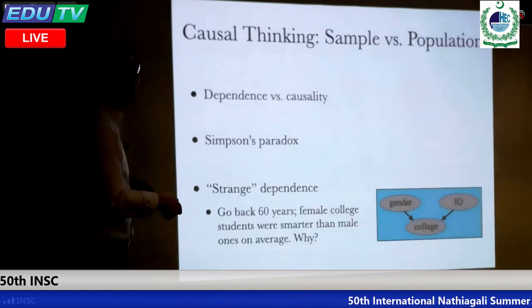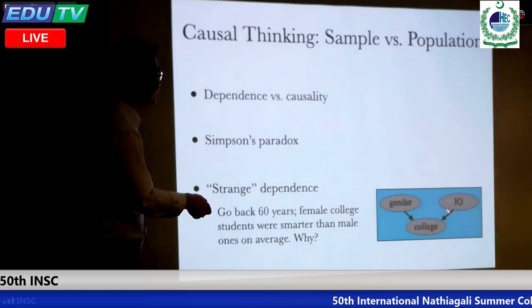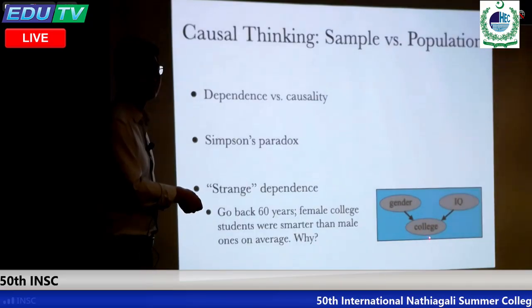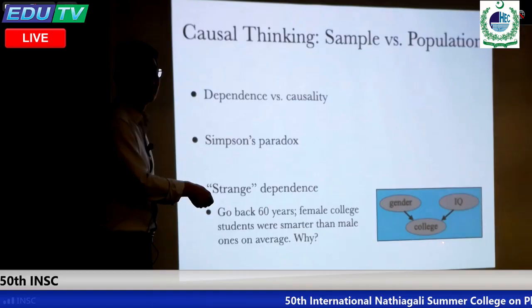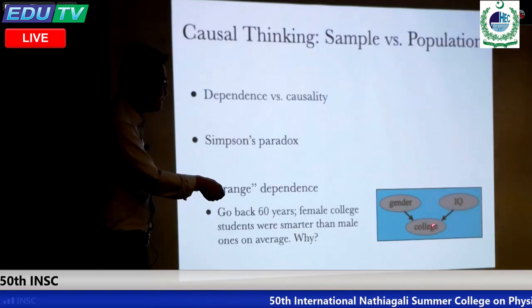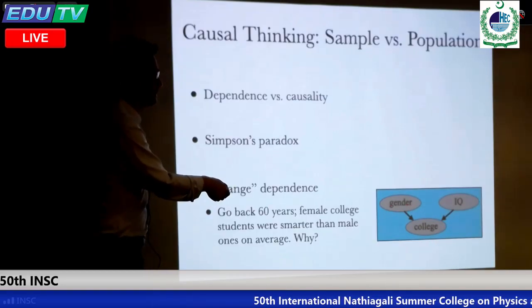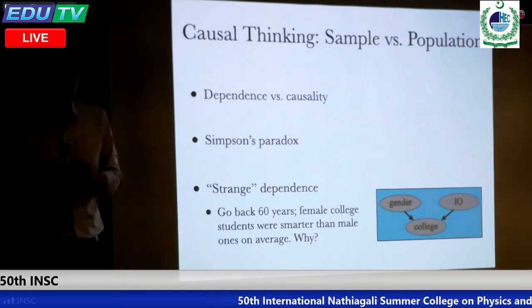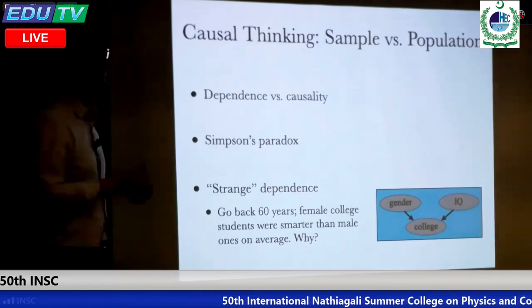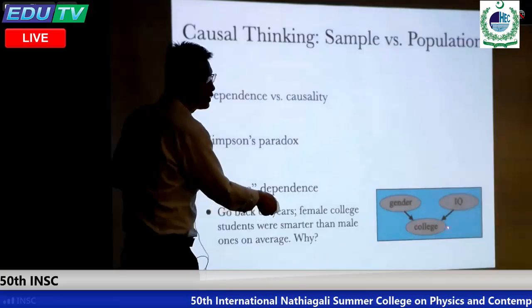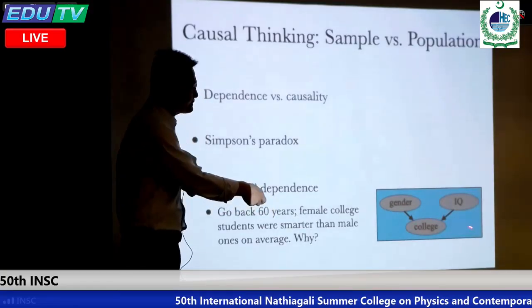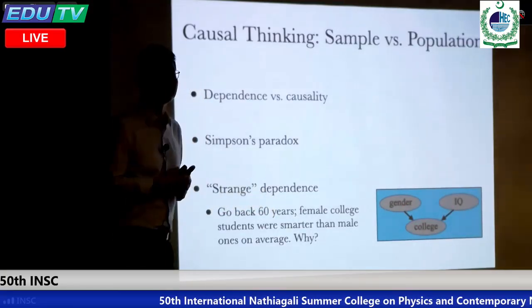At that time, it's pretty hard for females to be admitted to college. So gender and IQ are both causes of being admitted. And now you can see, although originally, considering the whole population, gender and IQ were independent, given that you are considering only college students, the consequence is they will become dependent.